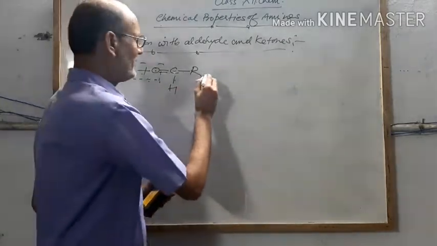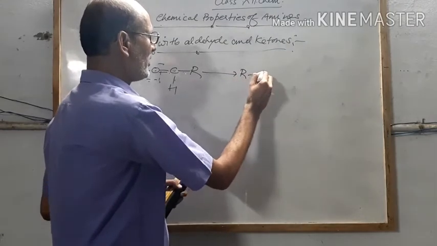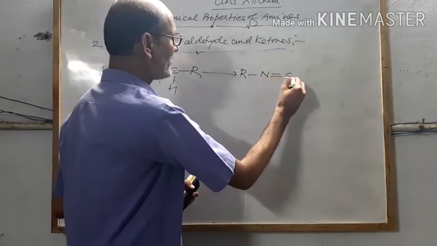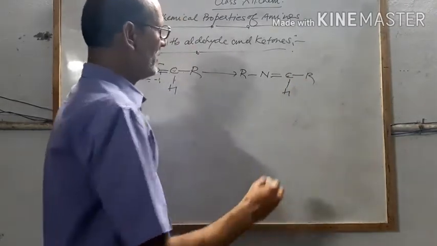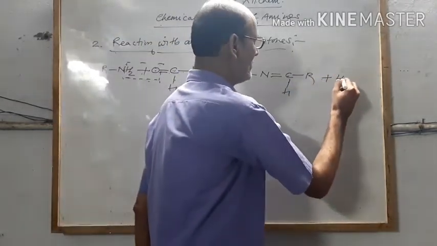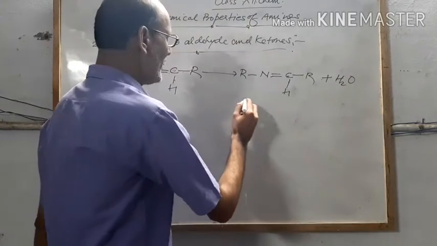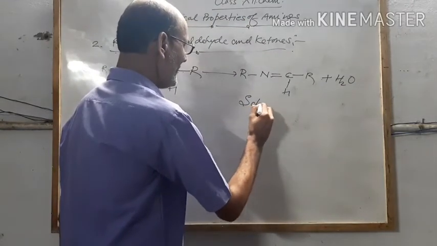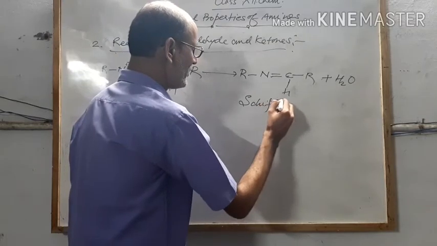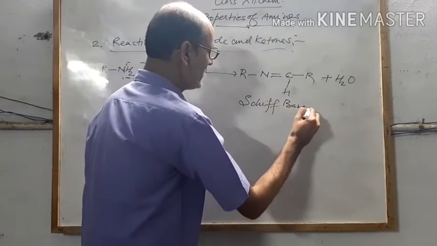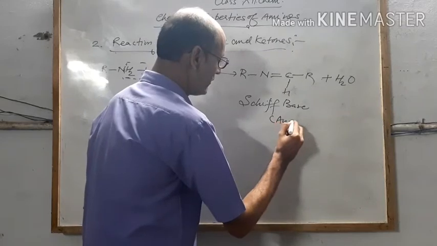So you will get a single bond N, double bond C, single bond H and single bond R plus H2O. This is called Schiff's base. You can say anil also.